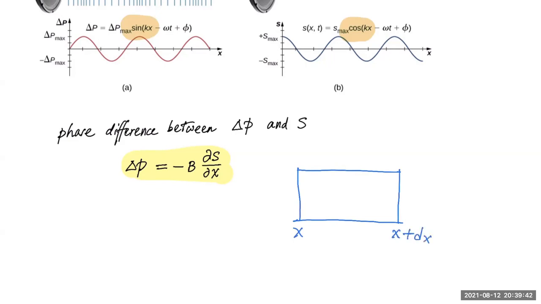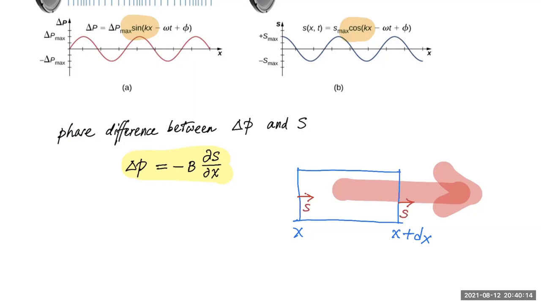If the sound propagates along the X direction like this, then air molecules will also be moving along the X direction, back and forth, right? Suppose the left edge moves by an amount S. The right edge also moves by an amount S. So this is S, this is also S.